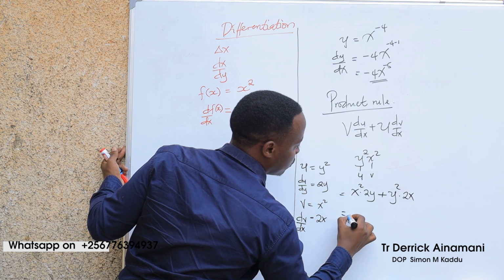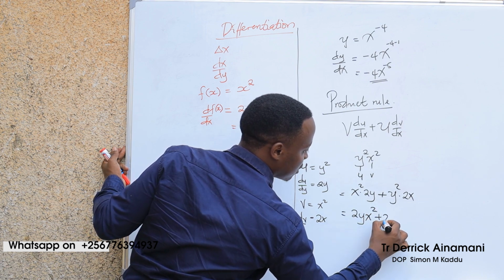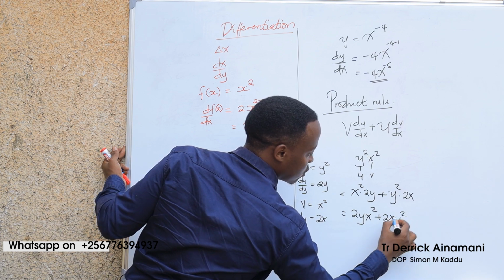So our answer would be 2yx squared plus 2xy squared.